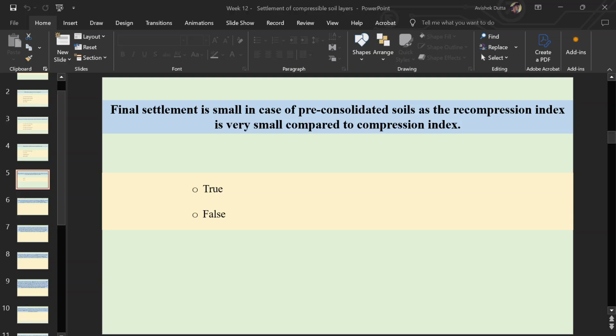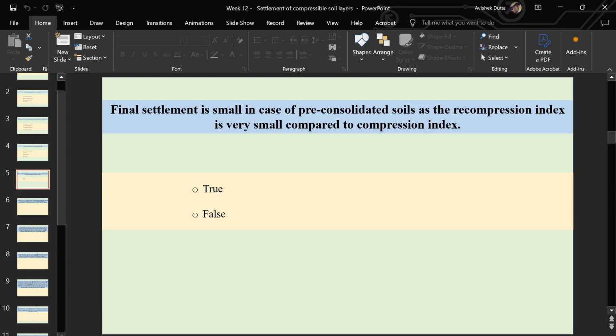I hope you are familiar with the concept of recompression index and compression index.